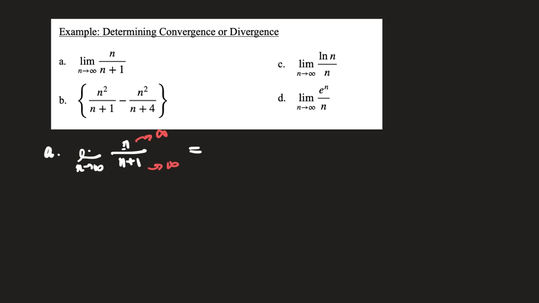We can use L'Hopital's rule. So the limit as n approaches infinity: the derivative of n with respect to n is 1, the derivative of n plus 1 is 1. So this limit of the sequence is 1. So you can apply L'Hopital's rule here when you have infinity over infinity.